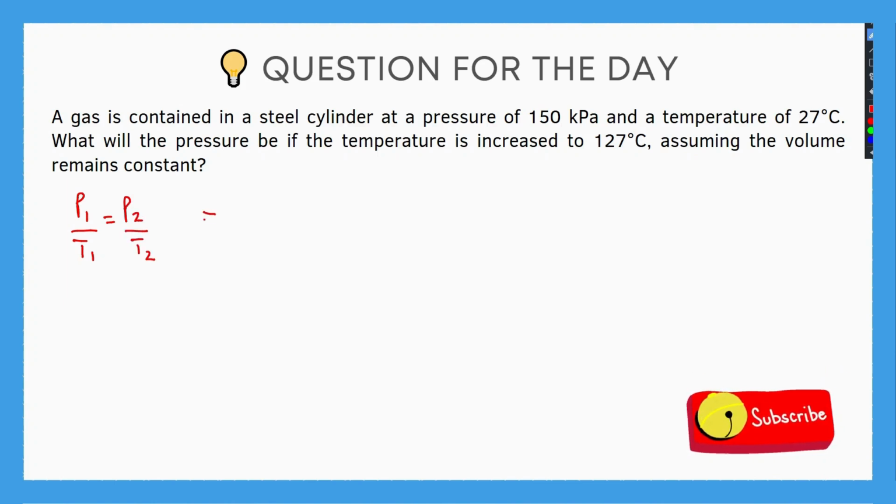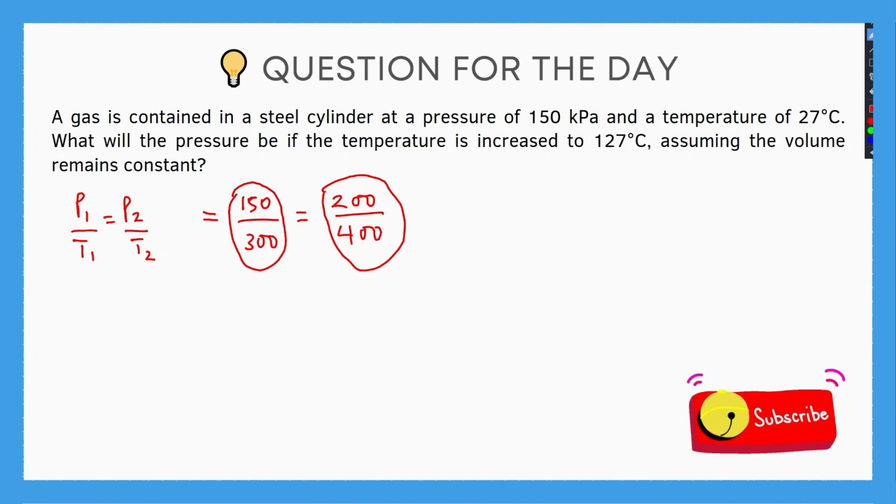We've calculated everything. P1 is 150 divided by T1, which is 300. And then we have P2, which we've calculated to be 200, divided by T2, which is 400. Now, if we calculate this part of the equation, it ought to be the same as this part.